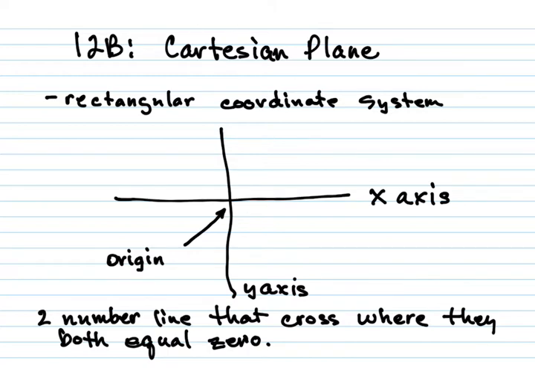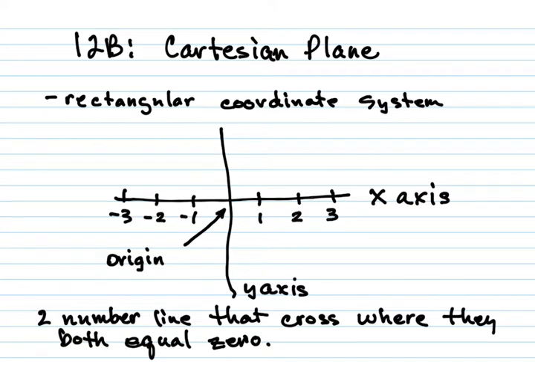So let's just fill in some numbers on the number line. As you go to the right of 0, the numbers are positive, and they get bigger as you go to the right. As you get to the left of 0, the numbers are negative, and the further left you go, the smaller the numbers get, right? Okay, so we've seen that on number lines.